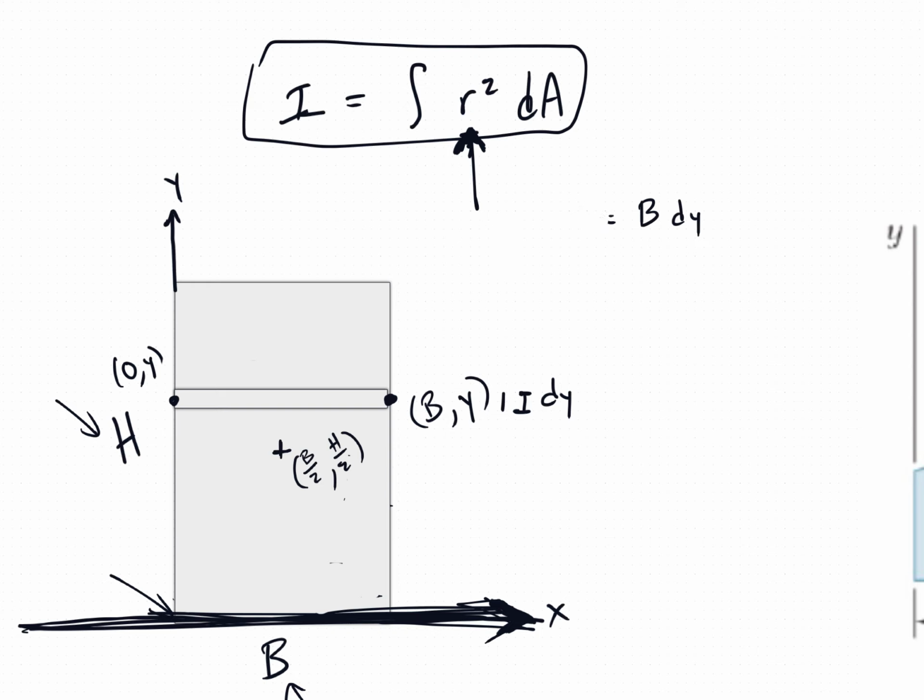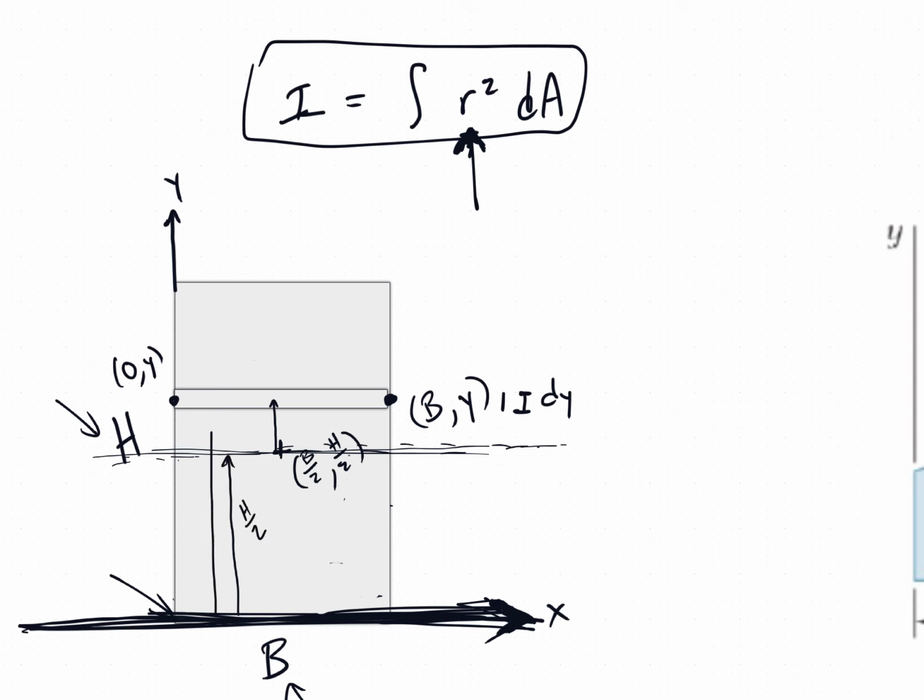Because our r is the distance from the thing that we want to take the moment of inertia around. So where the box currently is, well, let's see. So we want to know what this distance is. Okay, so the distance basically to this axis, right? Okay, well, we know this distance is h on 2.